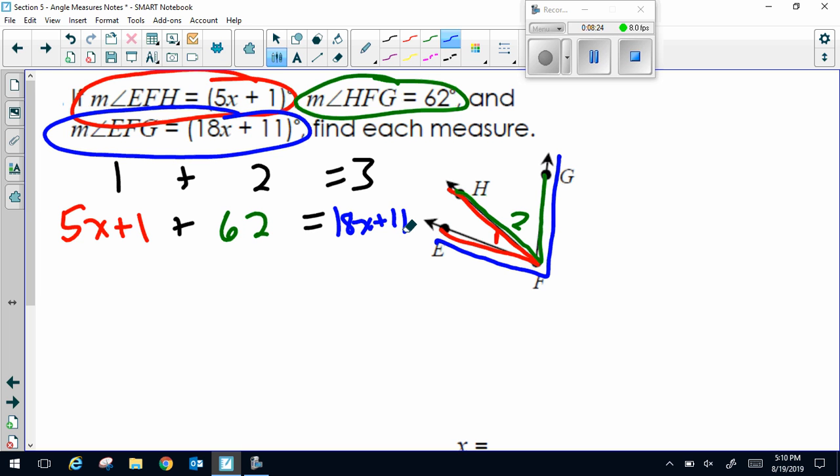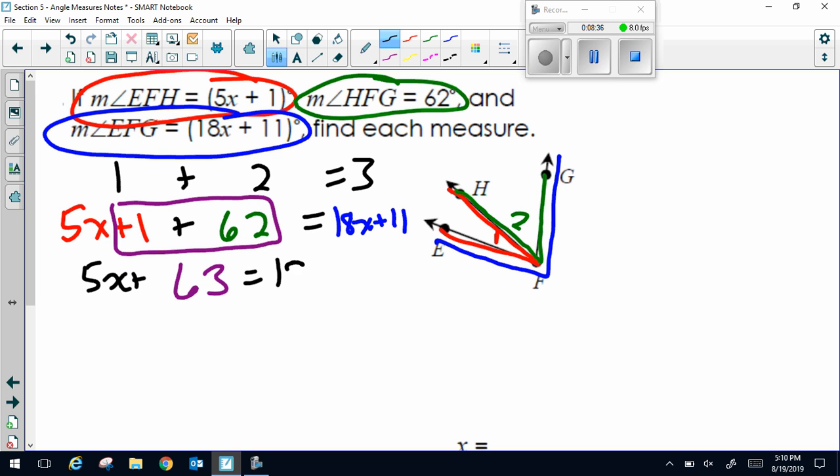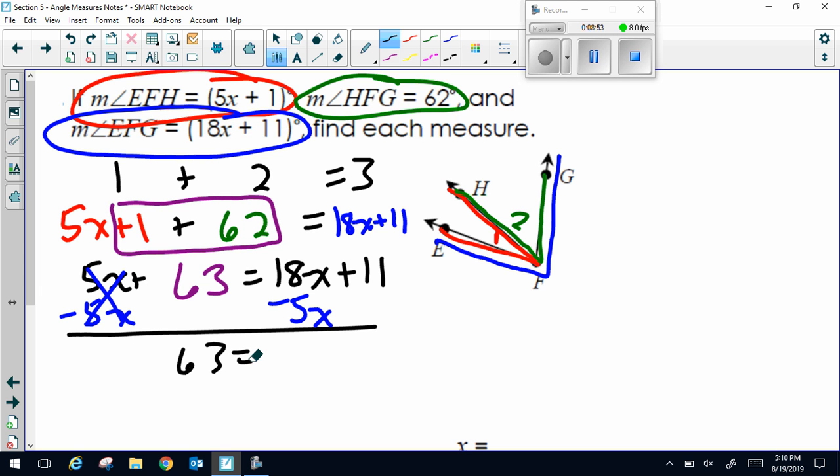Okay, so we're going to solve from there. First I'm going to combine like terms. It gives me 63. Just add them together. Then subtract your 5x from both sides. 63 equals, that's going to give you 13x here, plus 11.